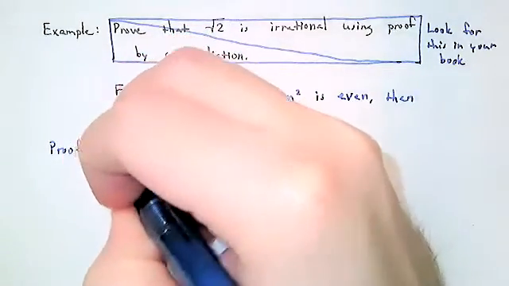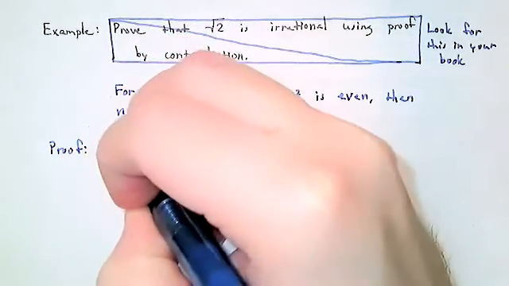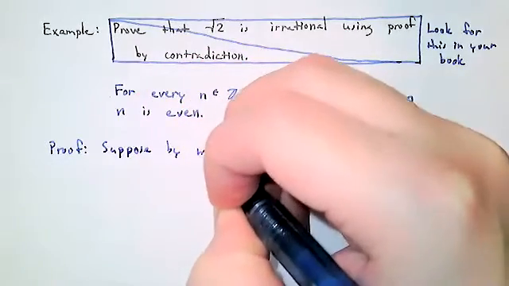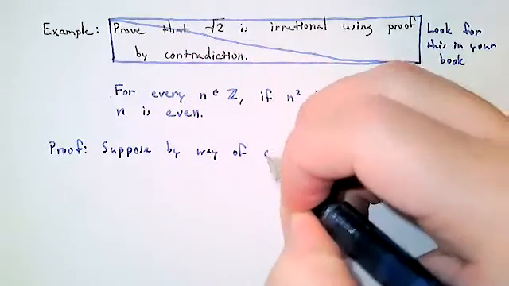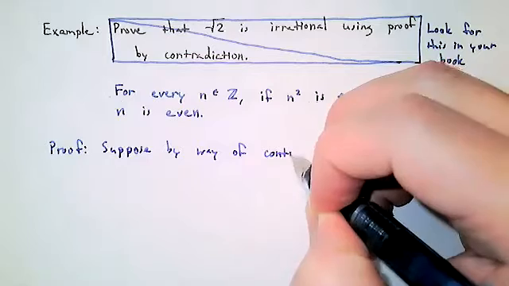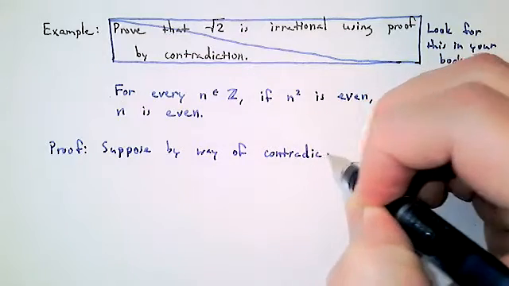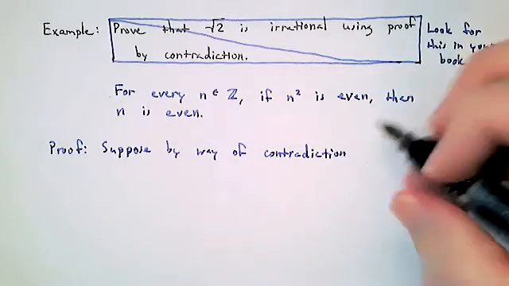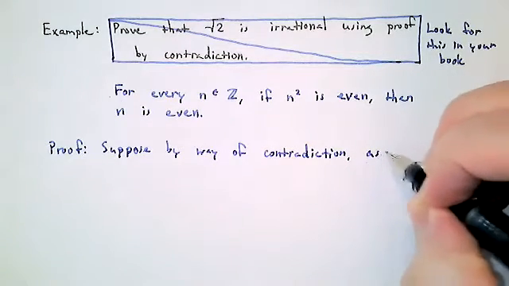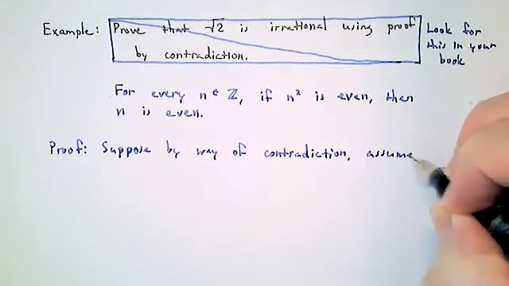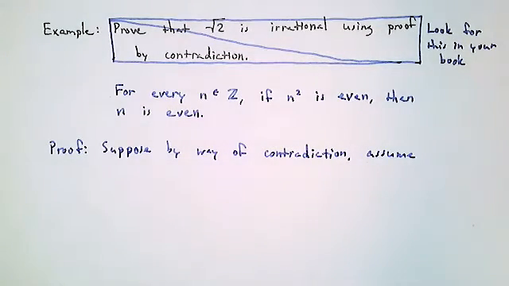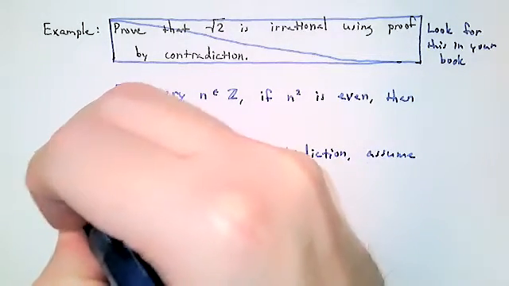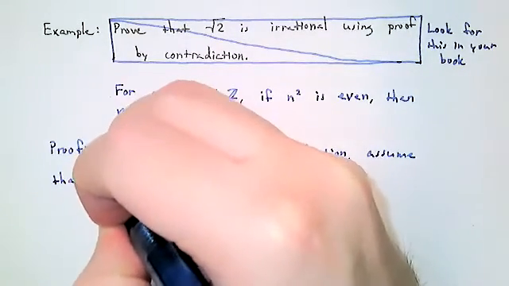So you might say something like, suppose by way of contradiction, or something similar. You could literally just write, we will prove this by contradiction. But I like this. Suppose by way of contradiction, assume that n squared is even.